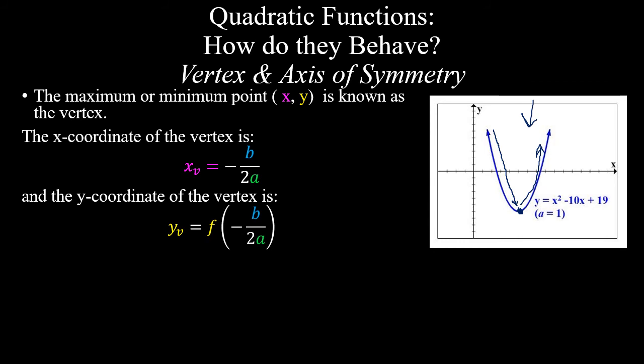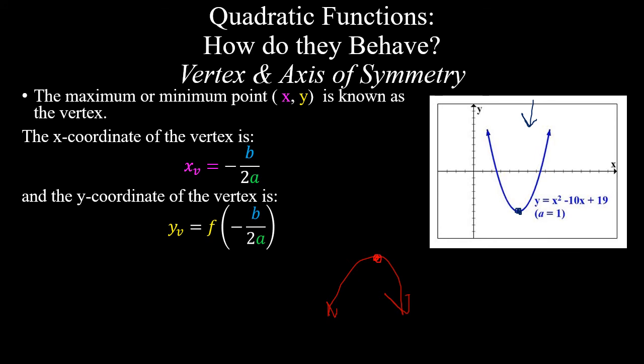If we were dealing with a parabola that was concave down, like this, then we'd be dealing with a maximum point at the top. Visually, that should make a lot of sense. Obviously, this point is a minimum because it's all the way at the bottom, and vice versa, this point would be a maximum.